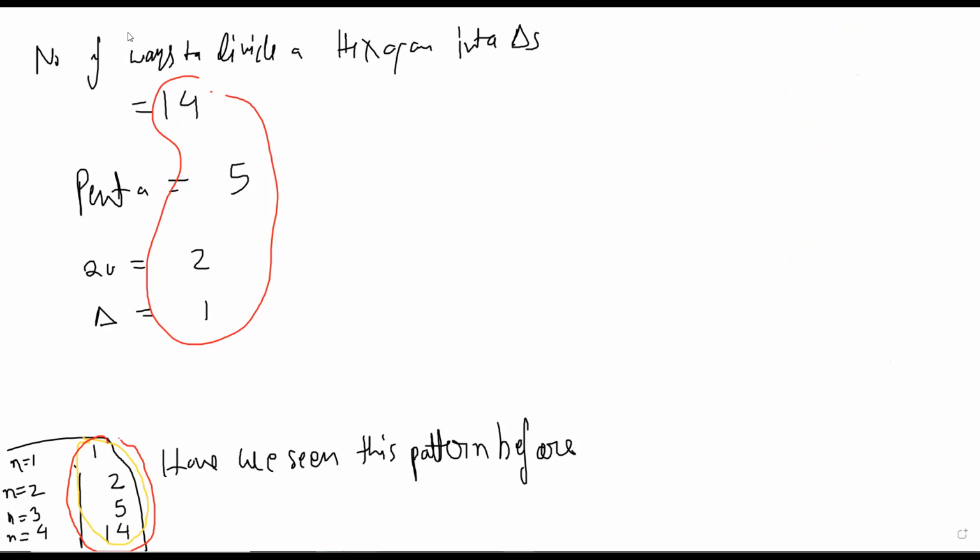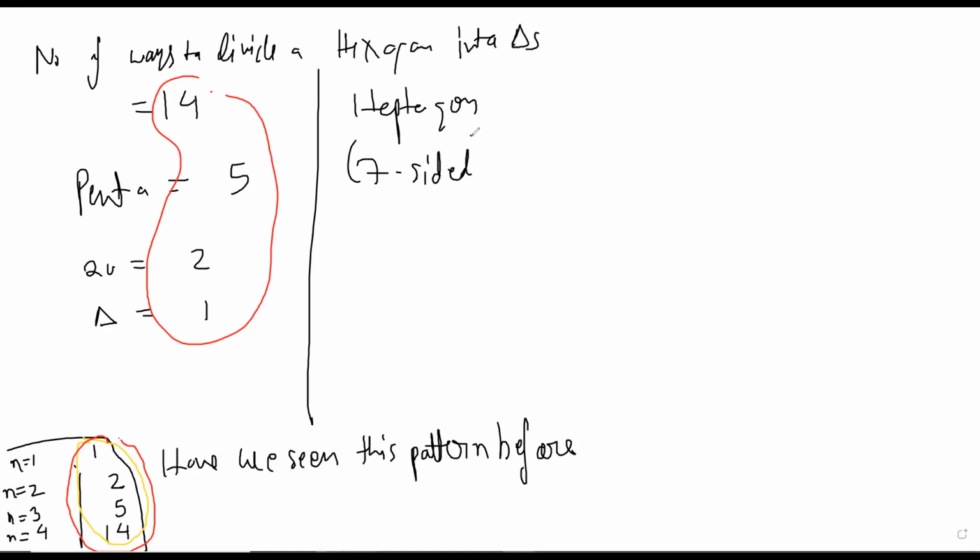Now you see, from here we can say the following. Let's say I tell you that for a heptagon, meaning a 7-sided polygon, just a name, the number of ways to triangulate is equal to 42.